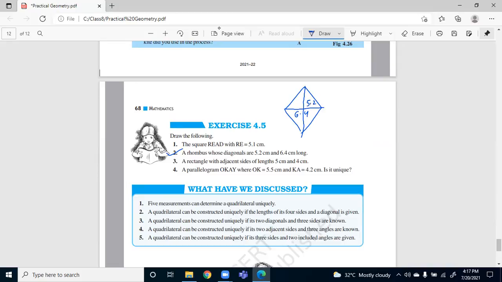So for this question number 2, I have to use the property of a rhombus. That property is: diagonals of a rhombus are perpendicular bisectors of each other.